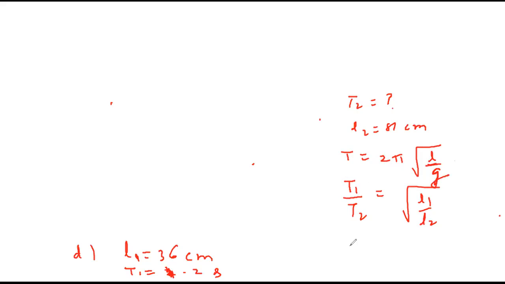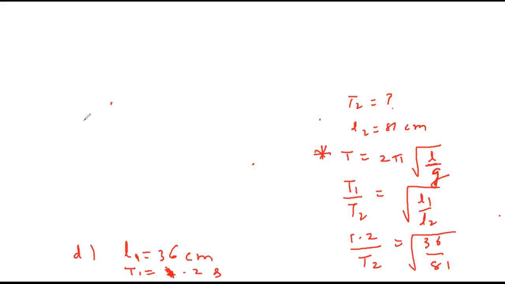Once you know the formula, did you get this concept? T1 by T2 is root of L1 by L2. T1 is given 1.2. Write this formula, copy it fully. L1 is 36, L2 is 81.